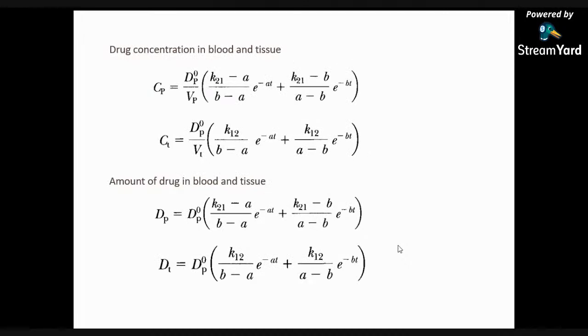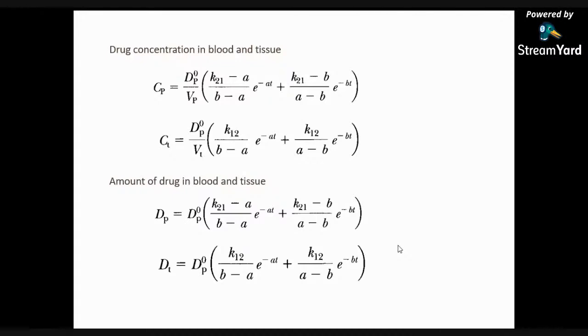Then the drug concentration in blood and the tissue, we can calculate the plasma concentration is equal to Dp upon Vp in bracket k21 minus a upon b minus a into e to the power minus at plus k21 minus b upon a minus b into e to the power minus bt.